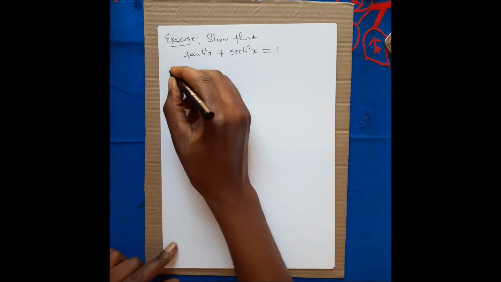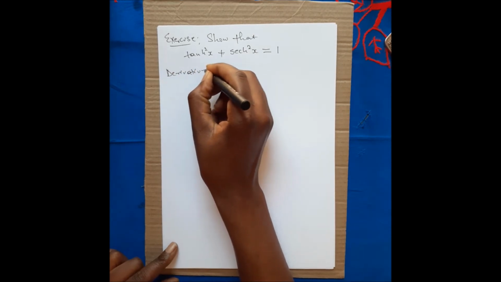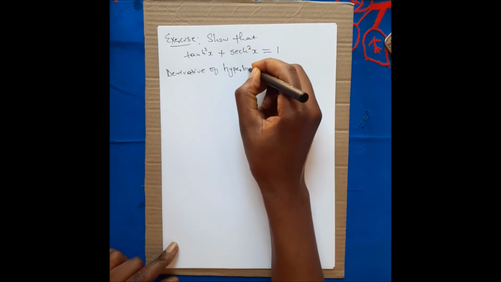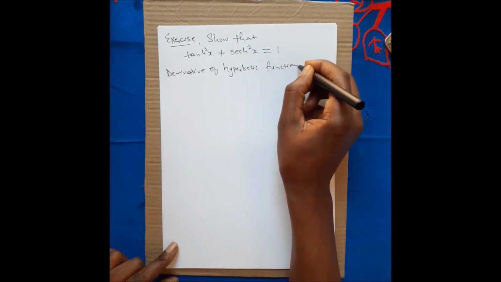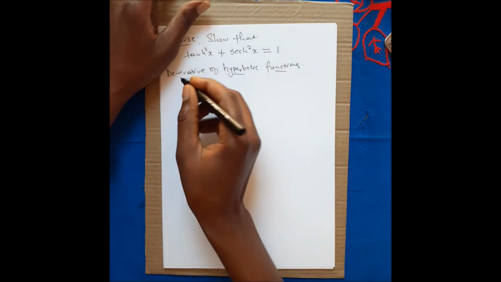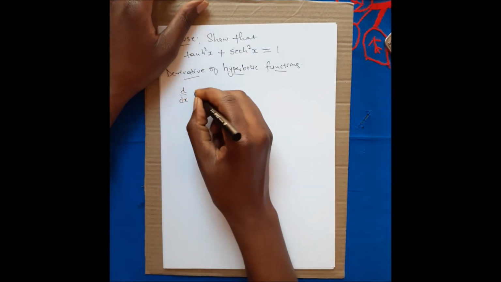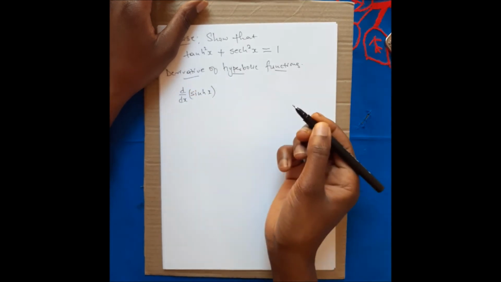Now let us look at the derivative of hyperbolic functions. We will start off by saying the derivative of hyperbolic sine of x. How does it look like?